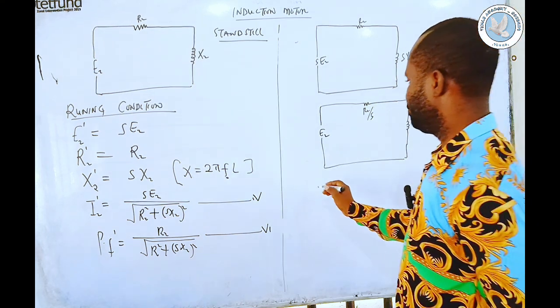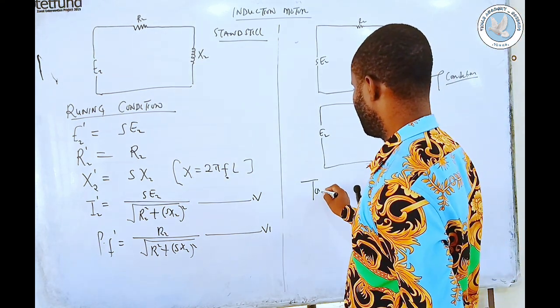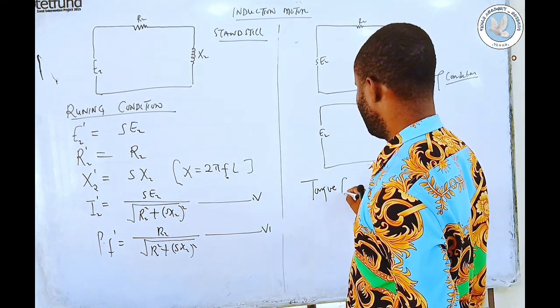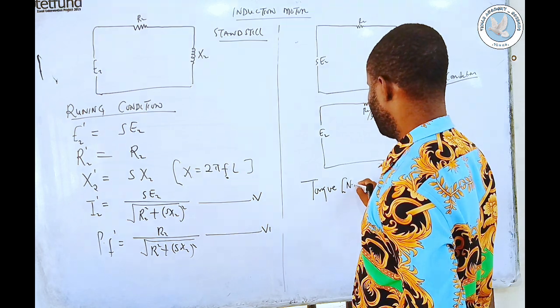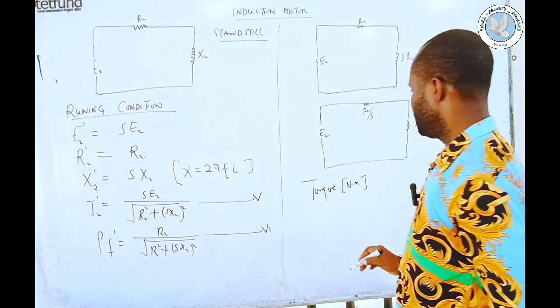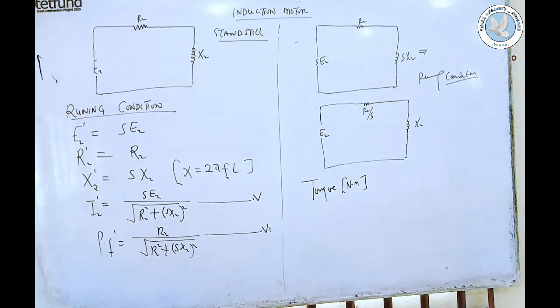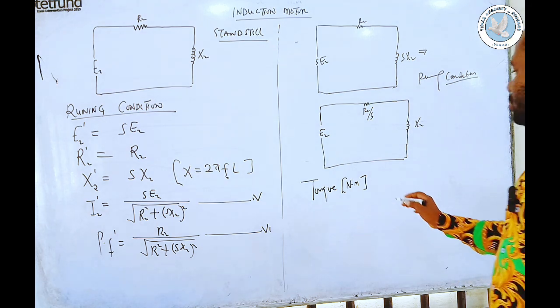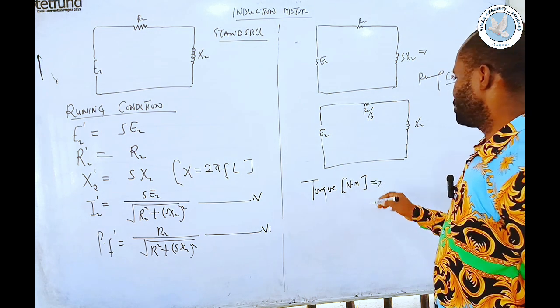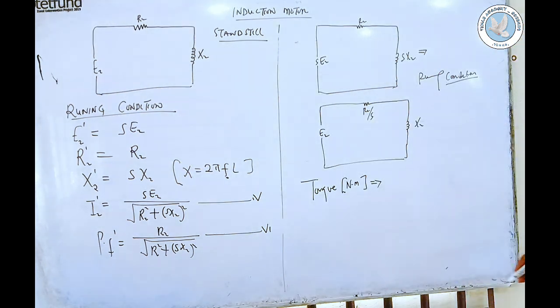At this point, we also want to consider a very important parameter, and we call this torque. Torque as a unit is Newton meter. This is the horizontal force that causes the rotation of the rotor.